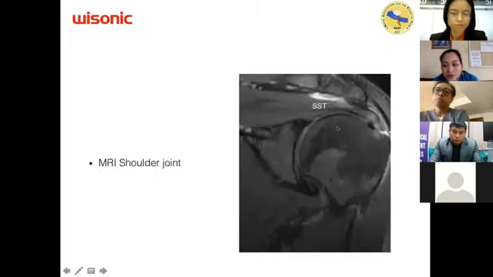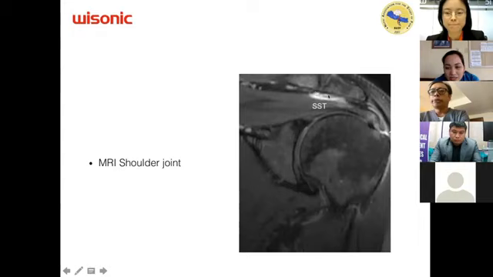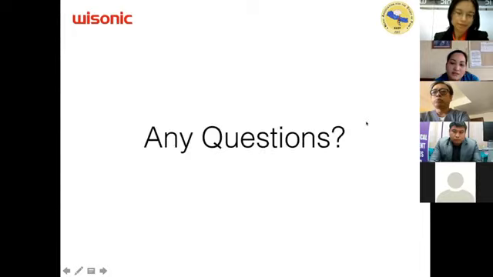The MRI of the shoulder joint also confirmed our ultrasound diagnosis. This is the subacromial subdeltoid bursa. Along the bursal surface, there was partial tear of the supraspinatus tendon. And even in the insertion area, the articular surface, there was some echogenicity showing that there was inflammation along the tendon of the supraspinatus muscle.